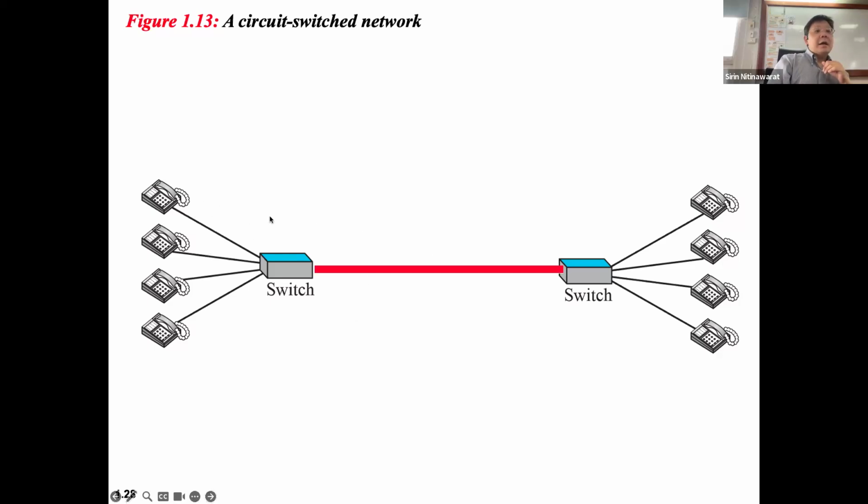For example, in this network we assume that in the worst case, all the telephones on the left could talk to all the telephones on the right. Each one on the left is picking one to talk to on the right. For the sake of illustration, let's make the maximum traffic the same, say 10 megabit per second.